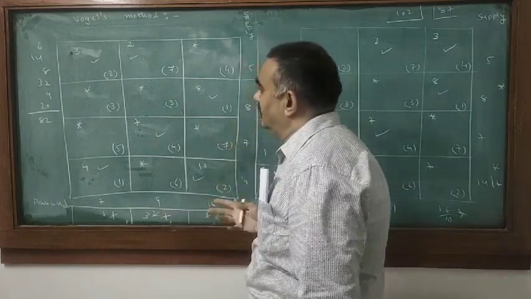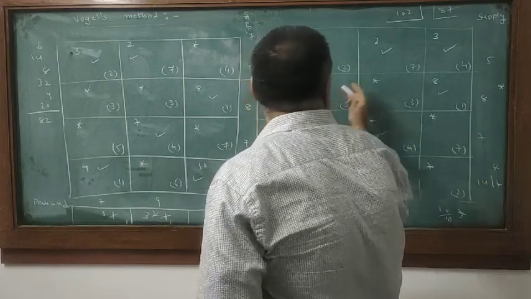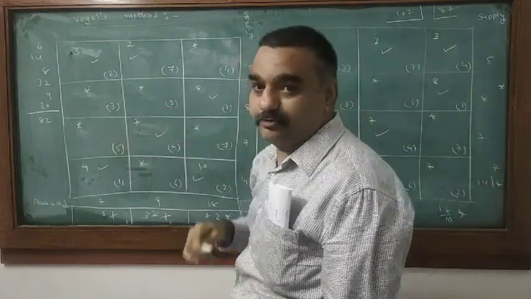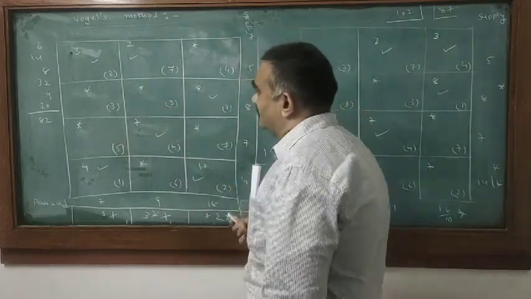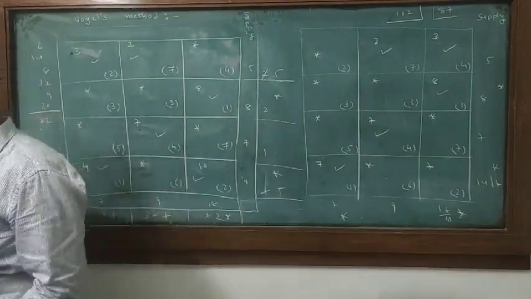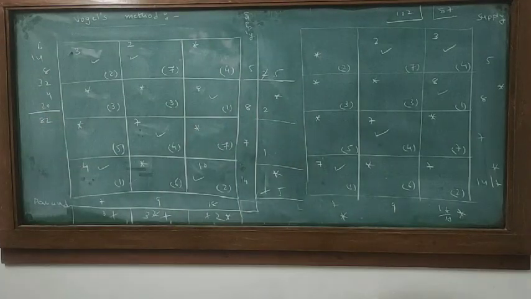So it is better. It was 87, now it is 82. Now we have to find the optimal one. For that we have to proceed. So I eliminate all this previous data.